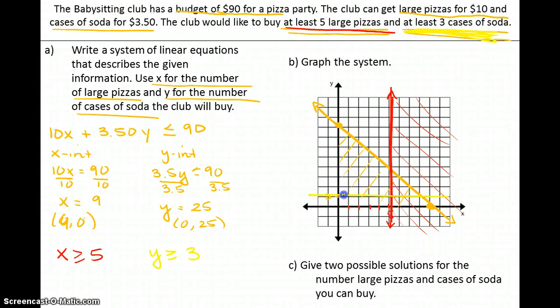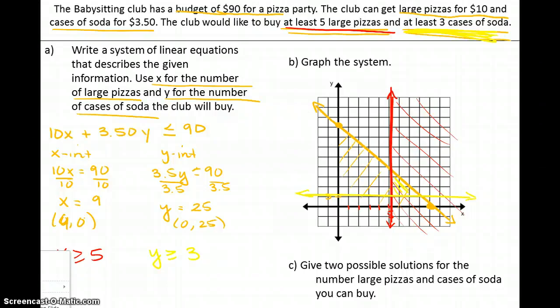This will also be a solid line here. And because you want it to be at least, that's greater than, you would shade above. The area you're now looking at is right here. So part B is now done. We have graphed the system.